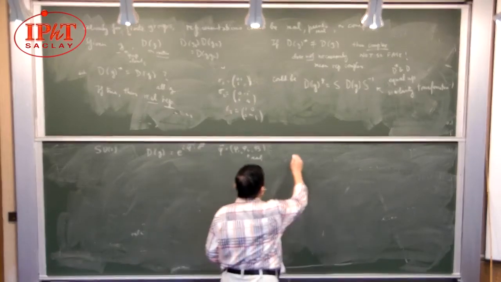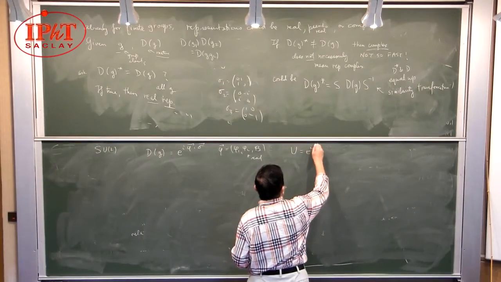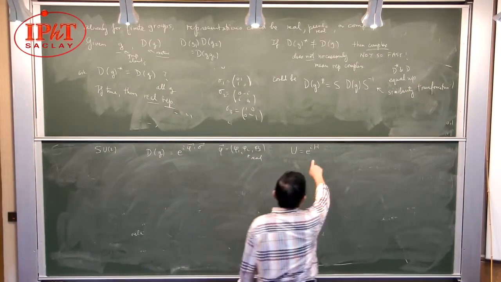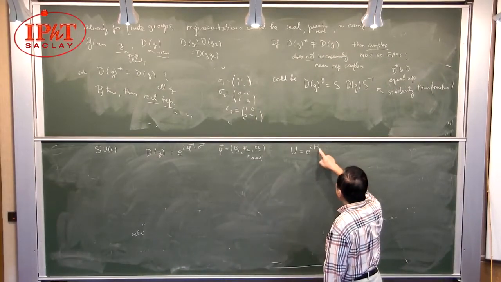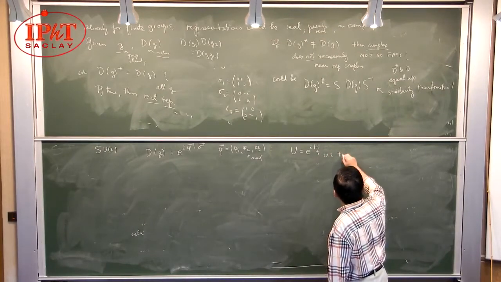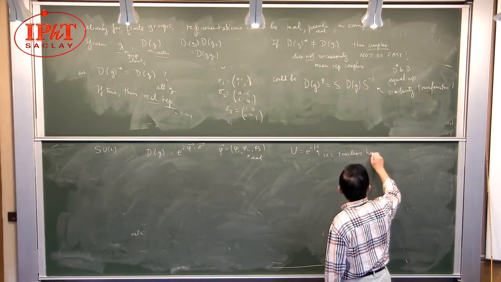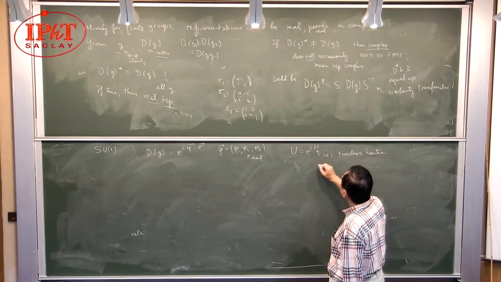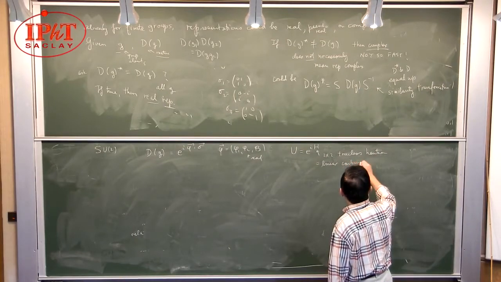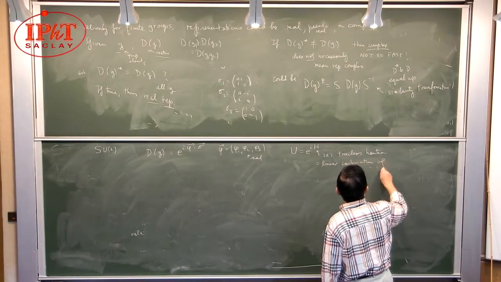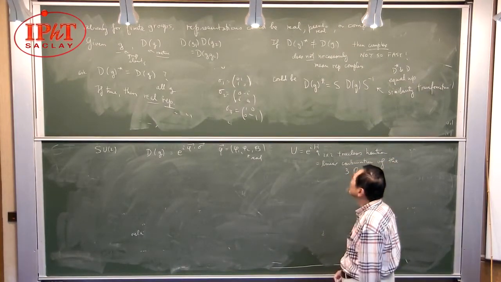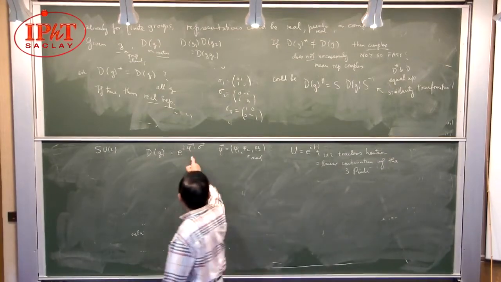What I'm doing is just writing down what I had before, Lie's solution, right? A 2 by 2 unitary matrix can be given by the exponential of iH, where H is a 2 by 2 traceless Hermitian matrix, and so it can be written as a linear combination of the 3 Pauli matrices. So that's what this means.